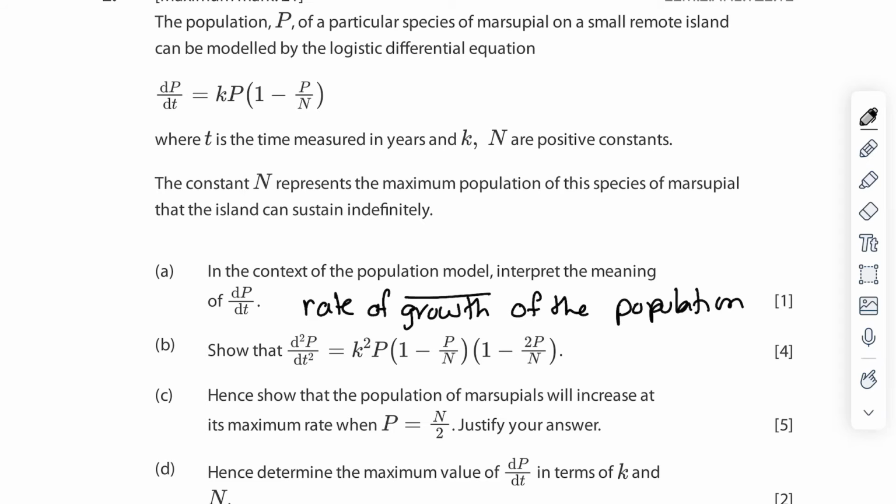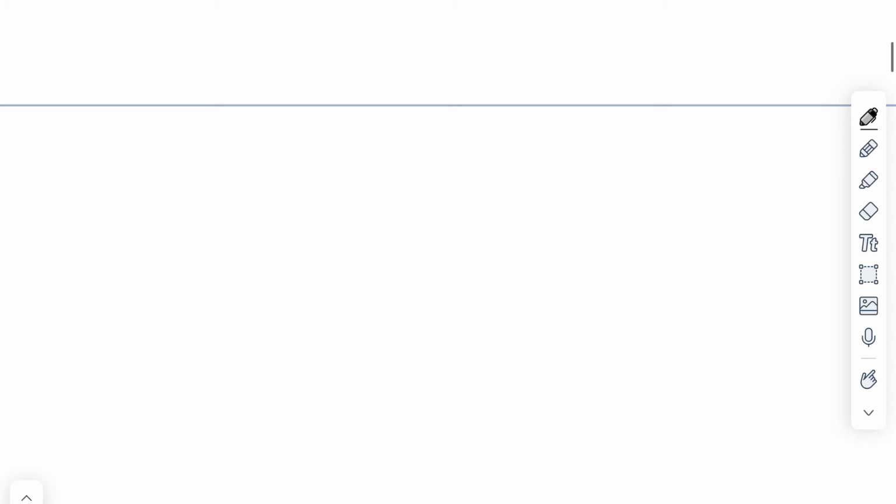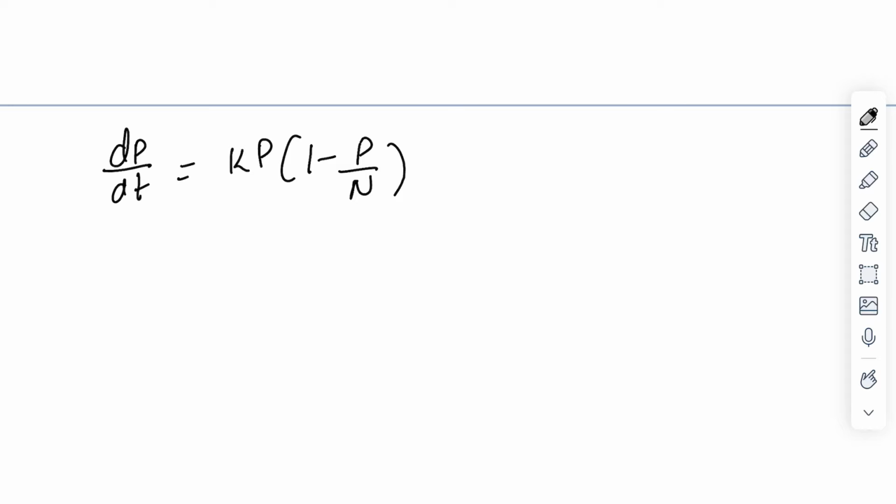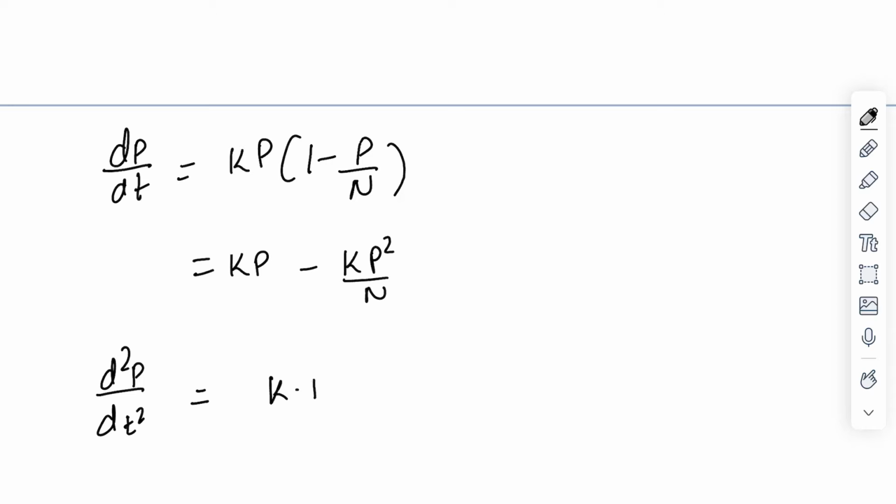Now he's asking us to find the second derivative. We know that dp upon dt equals kp times 1 minus p upon n. So I have to find the second derivative. I'll expand this one: kp minus kp squared upon n. Now I find the second derivative, d2p upon dt squared, equals k times the derivative of p, which is dp upon dt, minus k upon n.